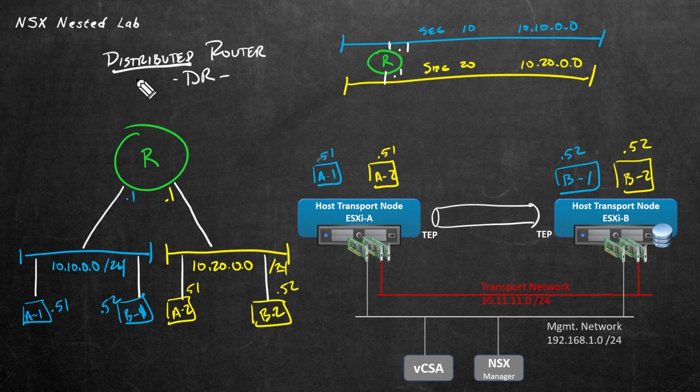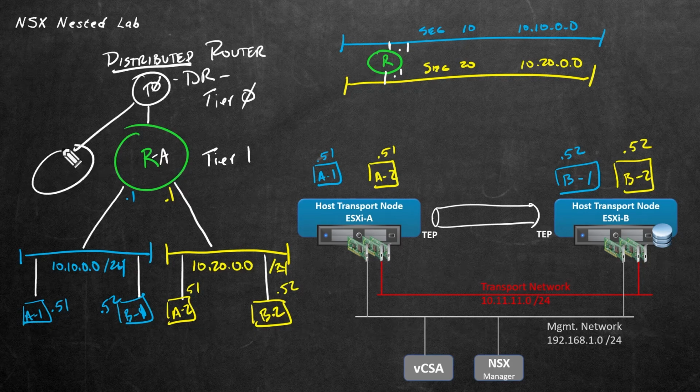Also, I want you to be aware that when we're implementing these logical layer 3 gateways, these layer 3 routers, there are a couple of different types. There is what's called a tier 1, and think of a tier like a level. There's also an option of implementing what's known as a tier 0. So think of it like a top-down approach. So if we wanted to have multiple routers involved, for example, we could have a tier 0 at the top of the heap, if you will, and then we could have, for example, router A, and another tier 1 as router B, and another tier 1 as router C, in the event that we want more than just a single router.